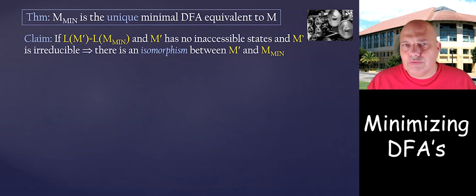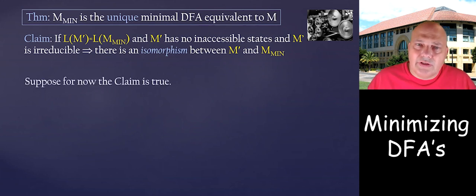So I want to say that this claim is enough to prove the theorem. And then we will be left with the challenge of proving the claim. This will be a more complicated proof. The claim is not obvious, because we need to create this isomorphism, and we need to prove all the properties of isomorphism.